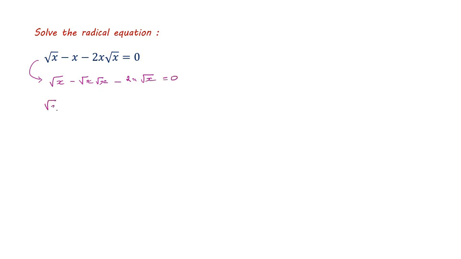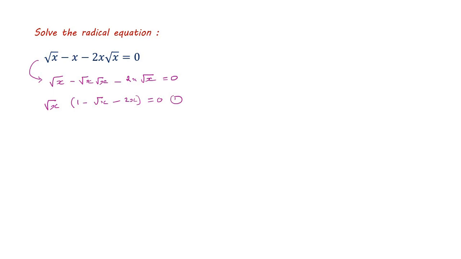Now square root of x is common, so you take it out. So you will have square root of x times (1 minus square root of x minus 2x), because root x has been taken out, equal to 0. Call it equation 1.